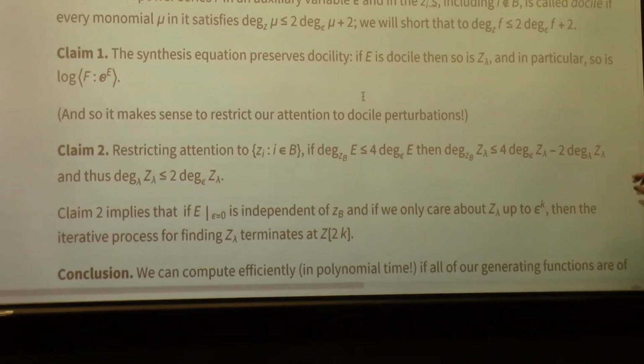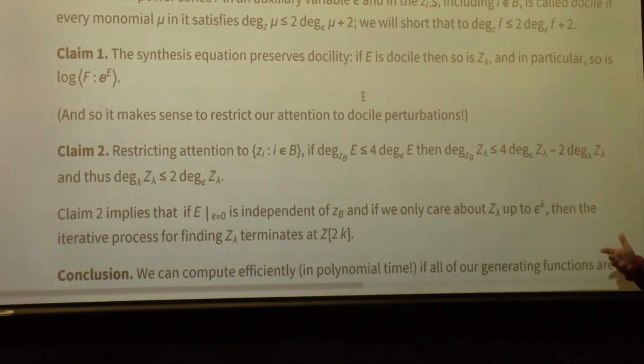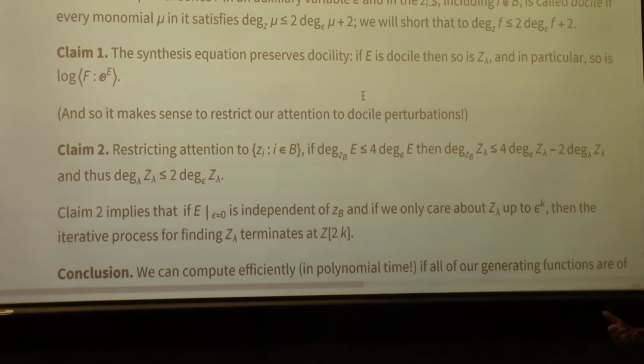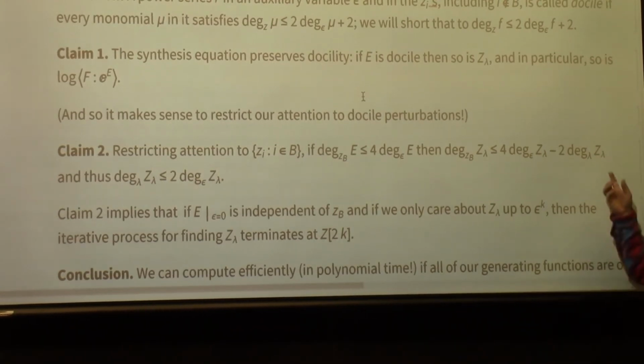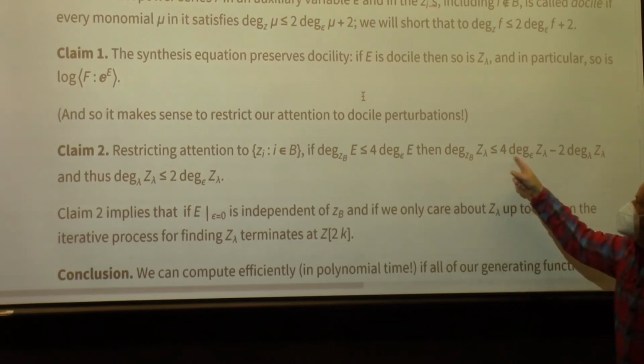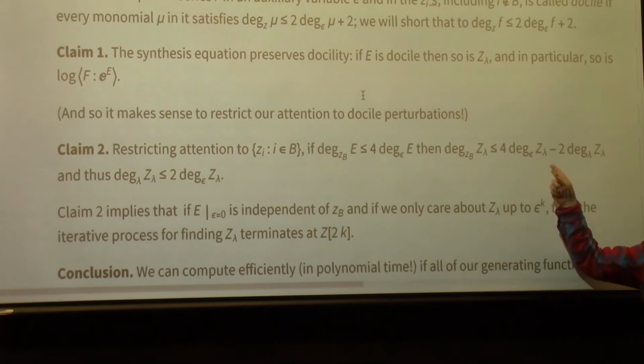In other words, if you write z lambda as a power series in the zb's and in lambda and in epsilon, then every monomial satisfies a certain inequality of degrees.